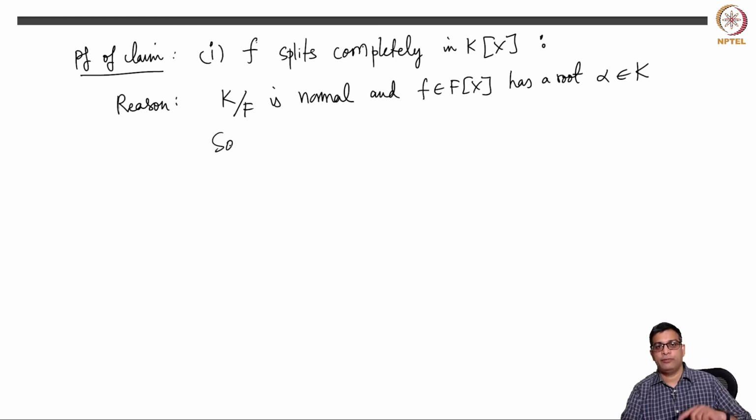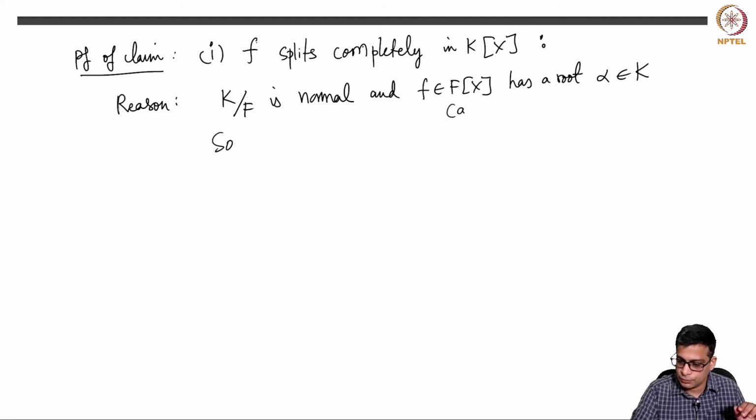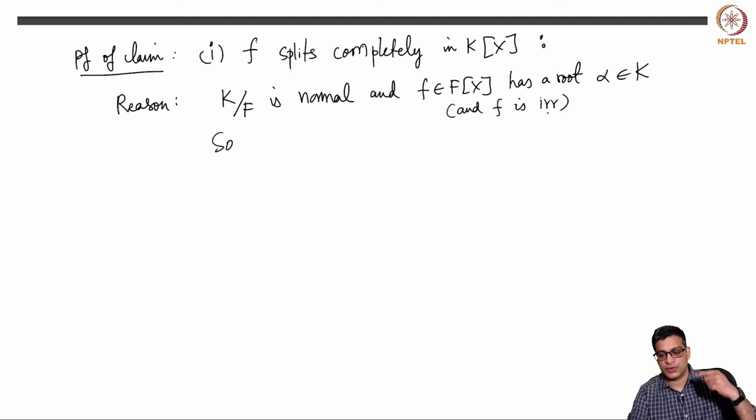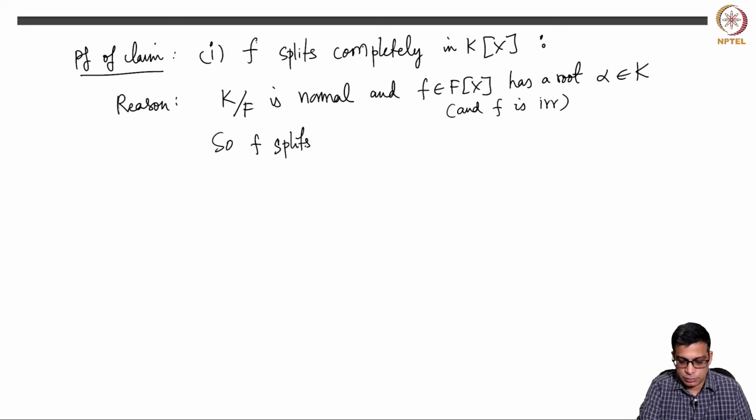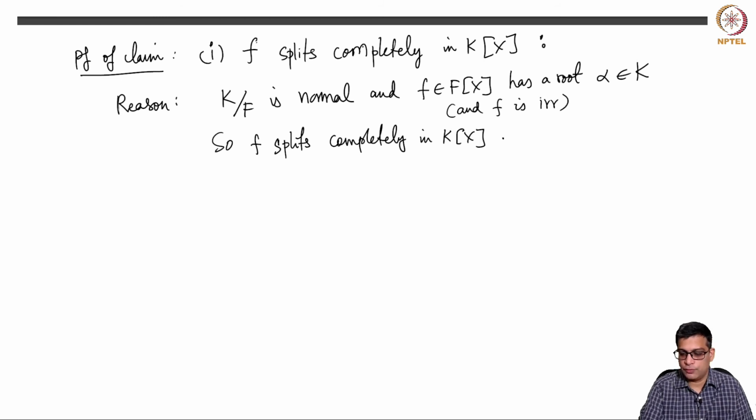So one of the equivalent characterizations of normal extensions is that any irreducible polynomial which has one root splits completely. f is irreducible also. So that proves the first statement.